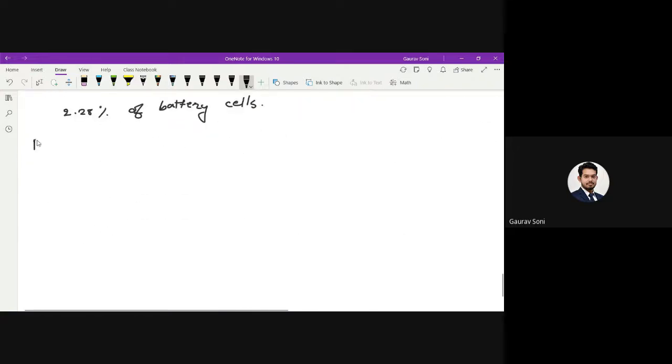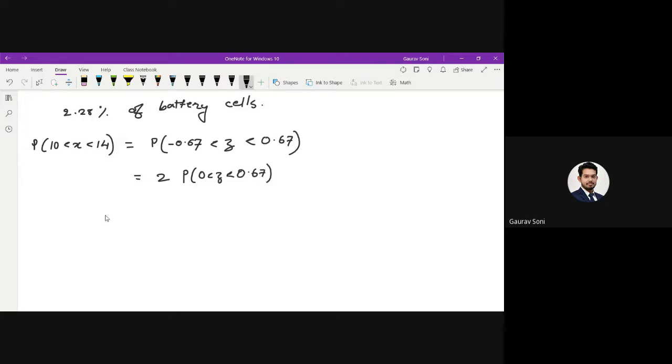So probability of 10 less than x less than 14. If you convert this to standard normal variable, that will be probability from minus 0.67 less than Z less than 0.67, which is 2 times the probability from 0 less than Z less than 0.67, which is nothing but 2 times 0.2485, which is 0.4970.